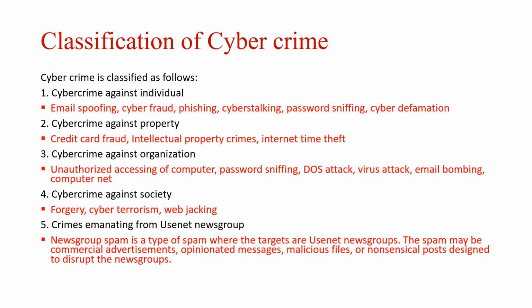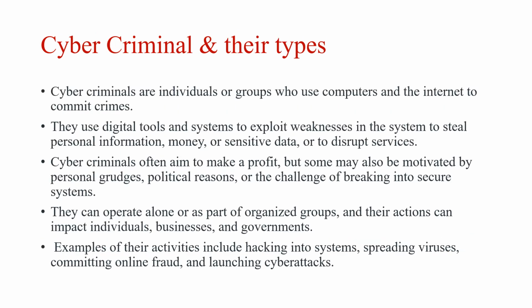So nowadays, some nonsense messages or information is circulated through posts in the news groups to hamper some individual as well as an organization or society. That is a type of spam, which we call news group spam.